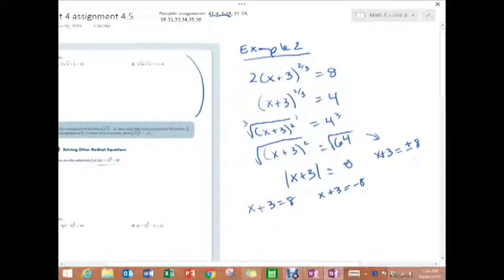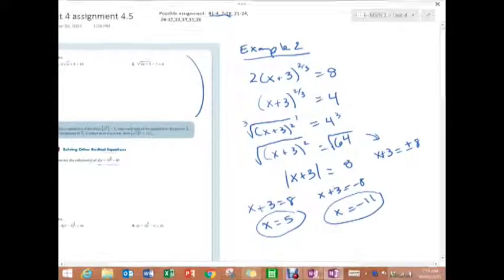Both are 100% correct. And then as we solve each case, we're going to get x equals 5 and x equals negative 11. If we go back to check these cases, because since we've square rooted both sides, we might have an extraneous solution. As we check each case, I believe you find that both cases in fact do work.